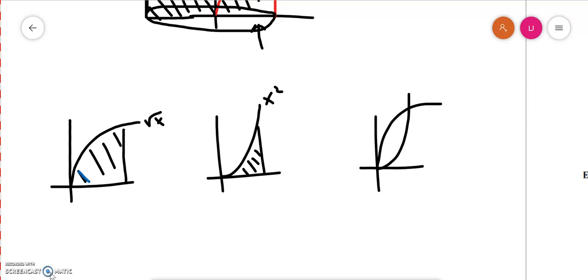Now, we knew this, which is the same as this. We knew this, which is the same as this. So it makes sense that we would just subtract the two to get the area between these, the area that is not shared by both.